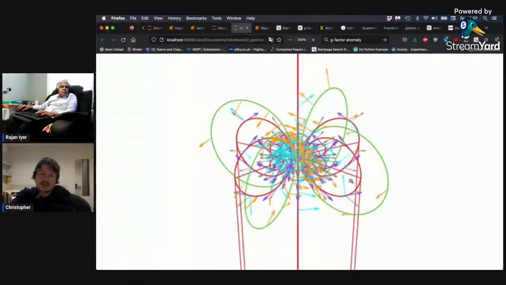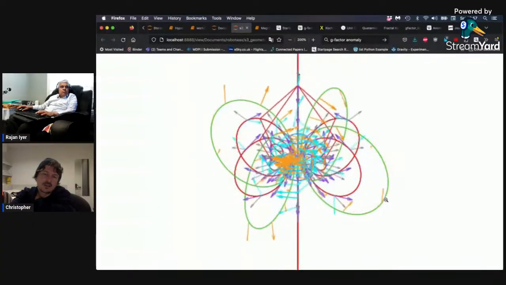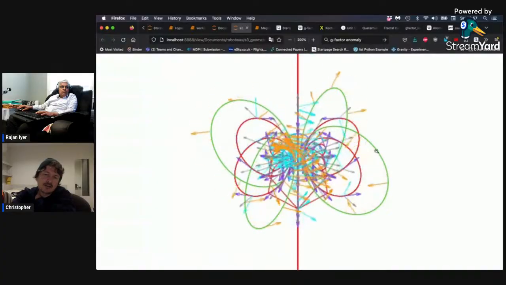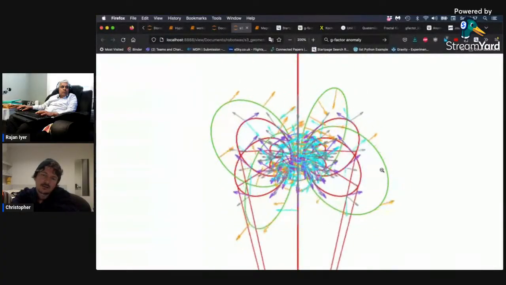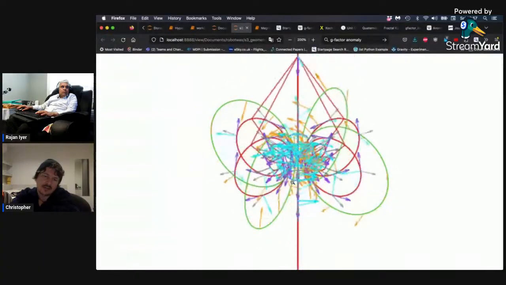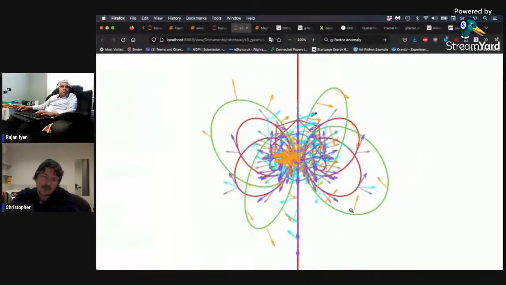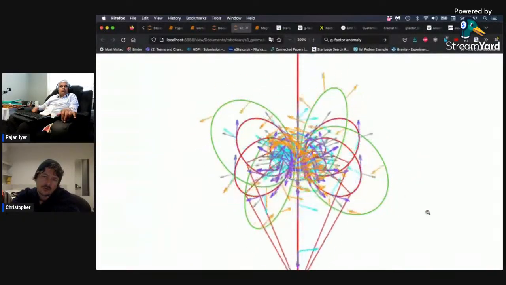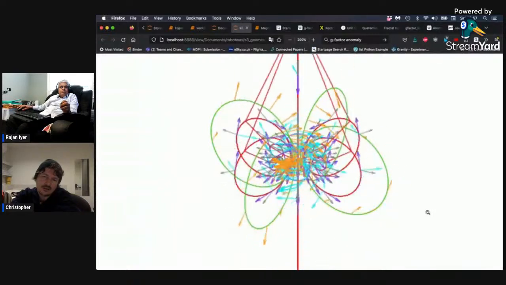It's not added in or anything. You can see the way the orange ones come out, and they curl in, and then they wrap around the center, and then they come back out at the bottom here.